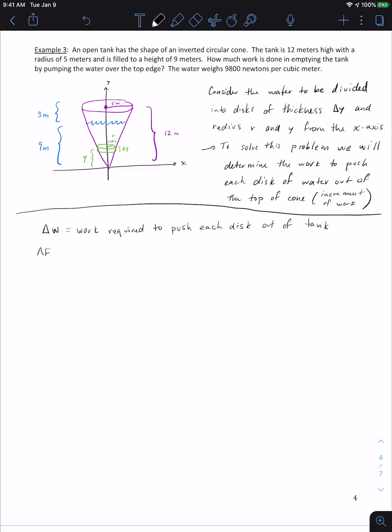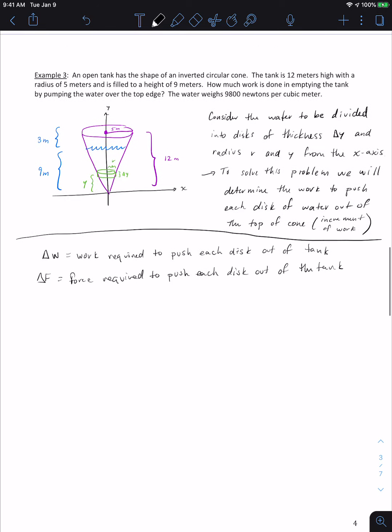And delta F would be the force required to push each disc out of the tank, right? So what we're going to do here is try to find that delta W. That's the whole point. To solve this problem, we need to find that delta W, and then we'll be able to integrate that delta W.